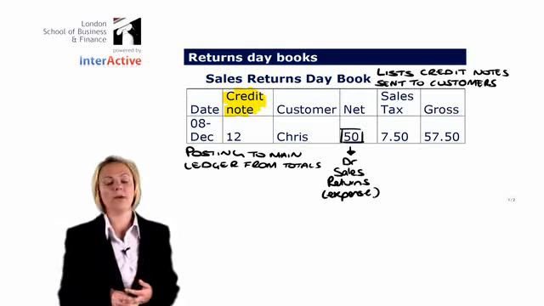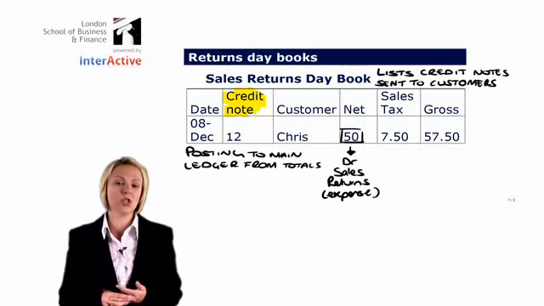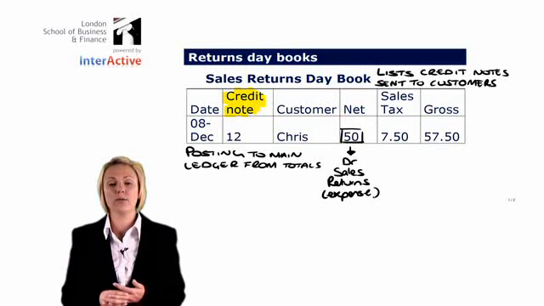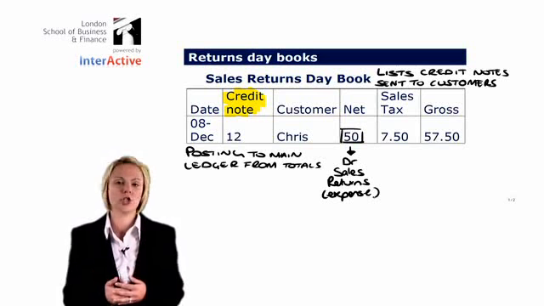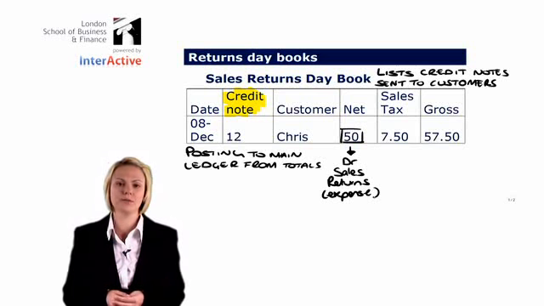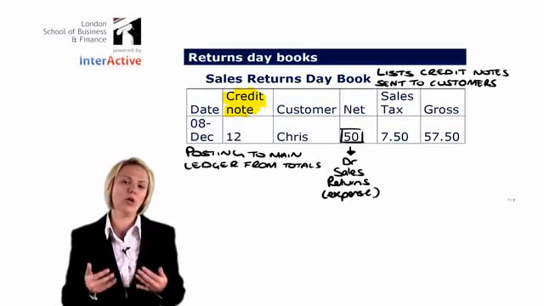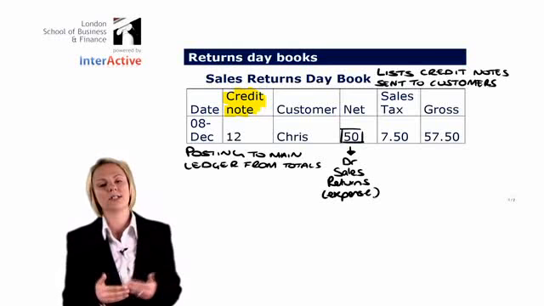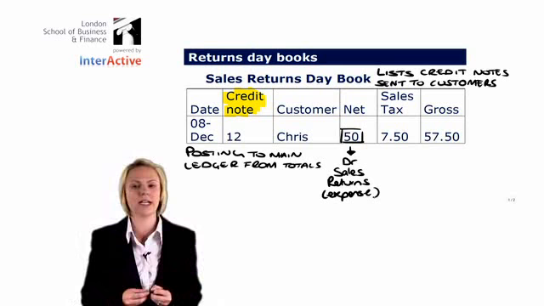Now, when we make a credit sale, we recognise a liability payable to Her Majesty's Revenue and Customs for the sales tax that we've charged. Now, as soon as we've invoiced the customer, we'll recognise that payable now. But if we're sending a credit note to the customer, we're no longer going to receive the cash from the customer to then pay the sales tax to Her Majesty's Revenue and Customs or the local tax authority.